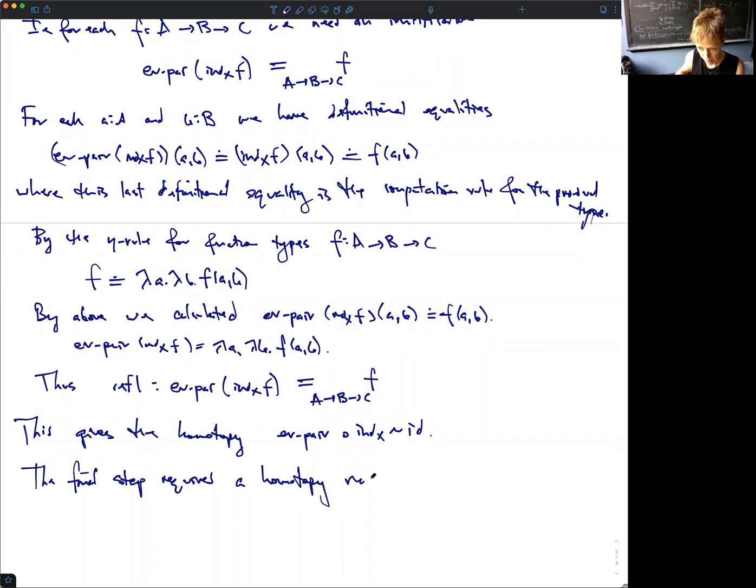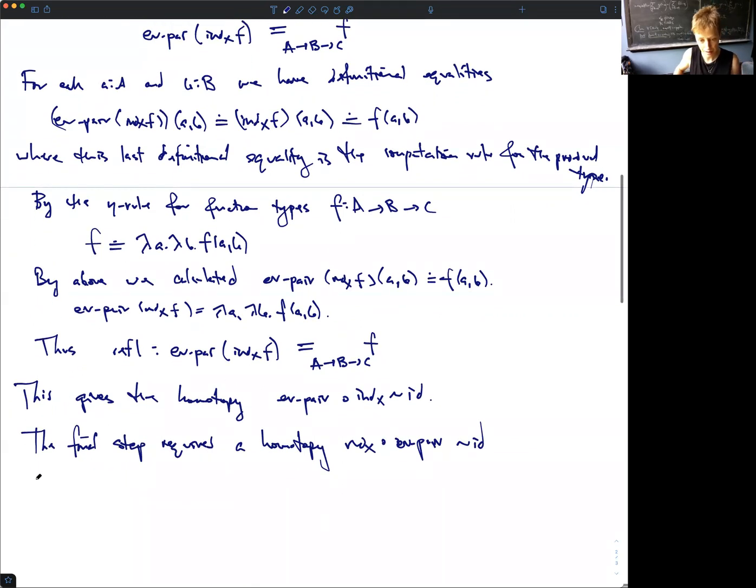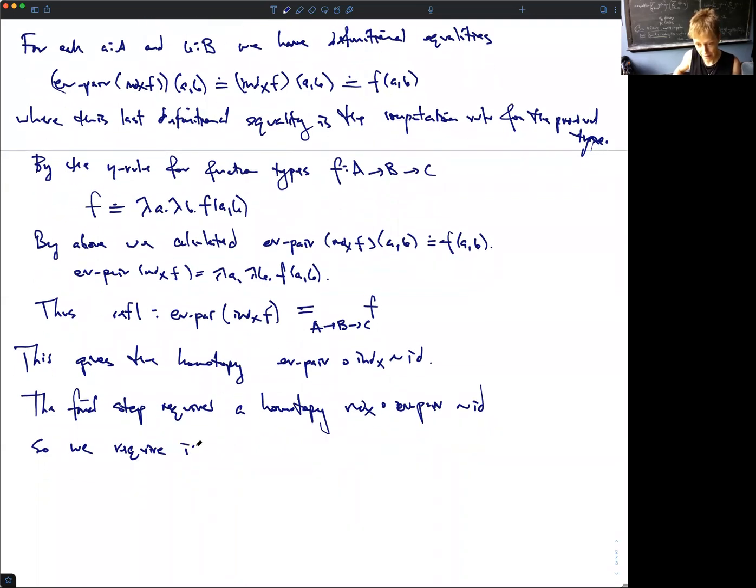So we need to consider the composite of this induction map with the evaluation map and prove a homotopy there. So we require identifications. What is a homotopy? It means for all terms in the domain of this thing, you need an identification.